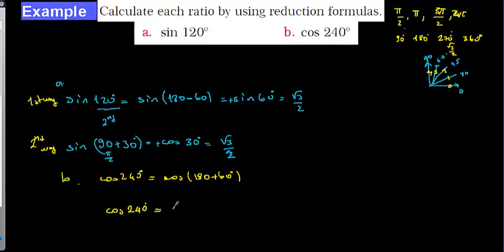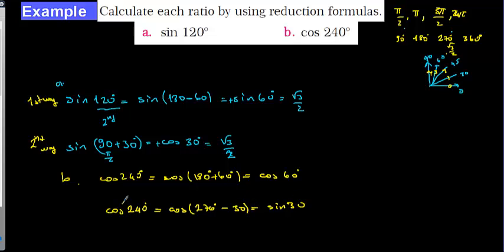Cosine 240 can also be written as cosine of 270 minus 30. When we have 180, we are not changing the function, so it's going to be cosine. When we have 270, we are changing the function, so it's going to be sine. Cosine 60, sine 30.